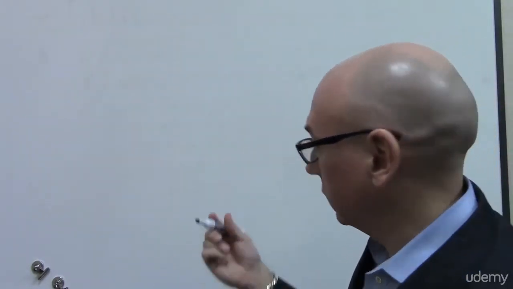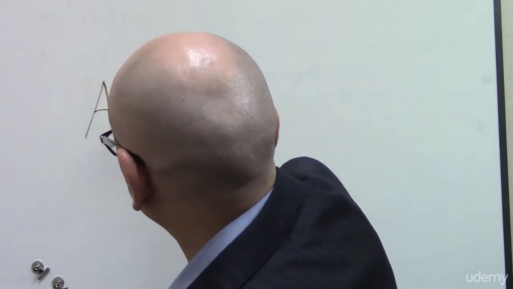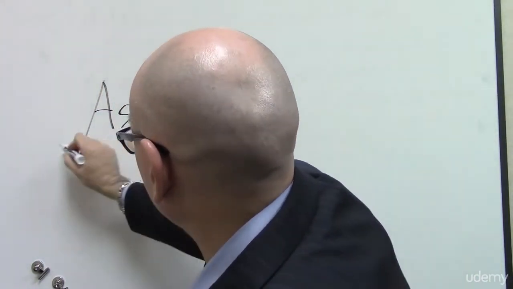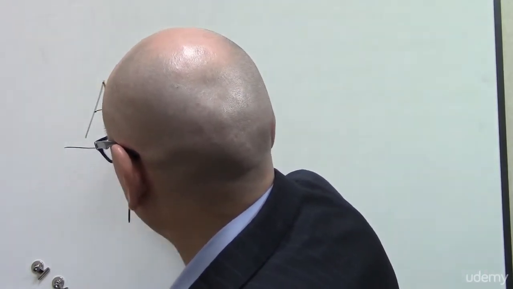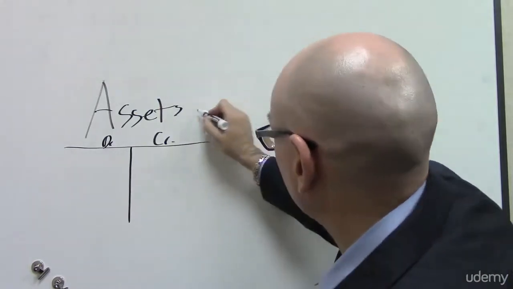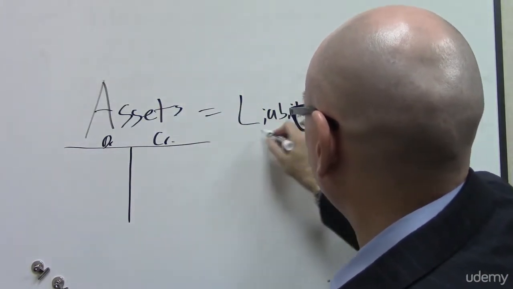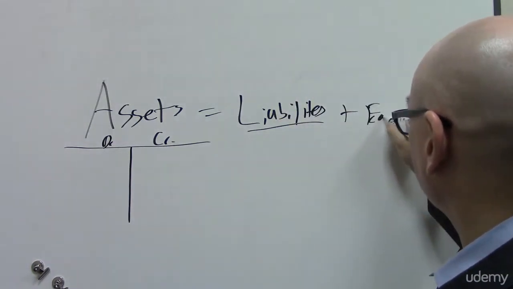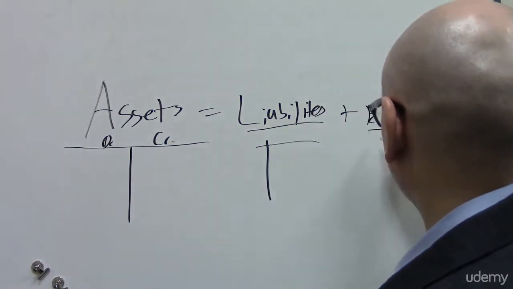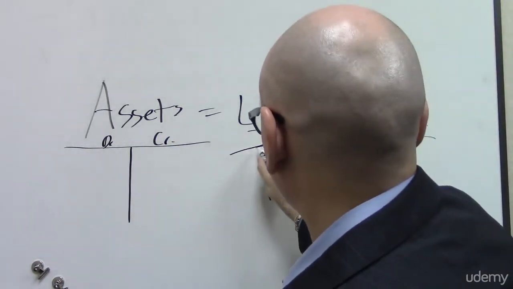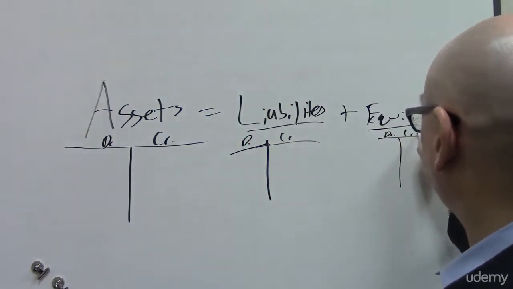We have assets, debit, credit; liabilities, equity, debit, credit, debit, credit.